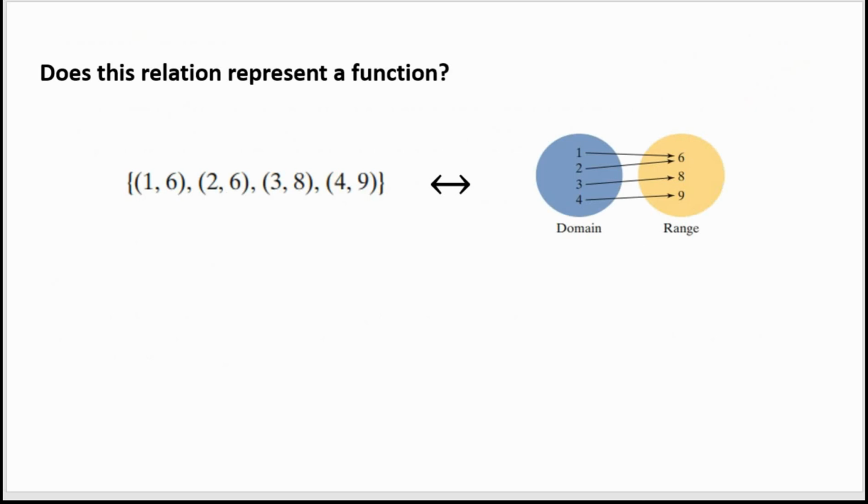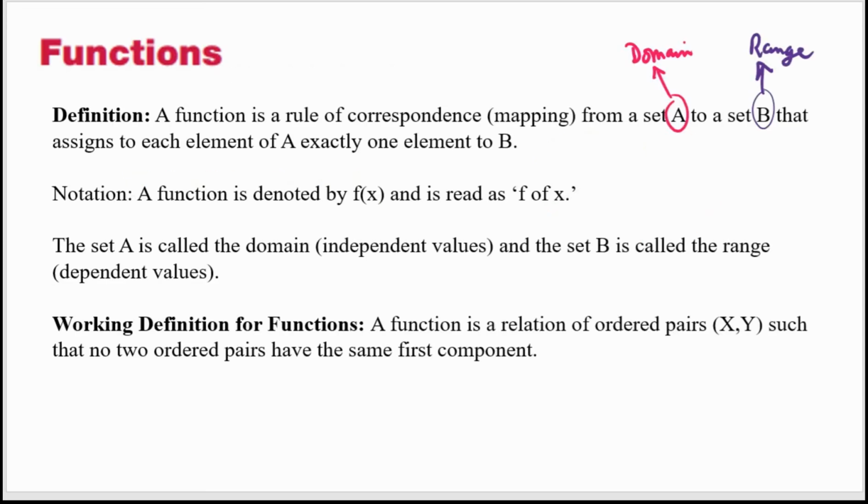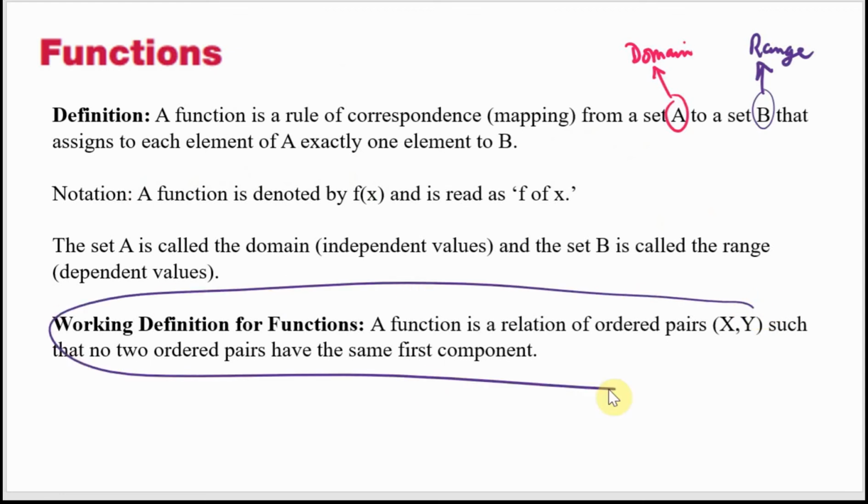So does this relation represent a function? Always work with this working definition. Always look at two ordered pairs, and make sure that if I use the first element, I can't use that first element again. So if 1 maps to, let's say, 3, then 1 cannot map to 6. I can have overlapping for the range, but I can't have that overlapping from the domain.